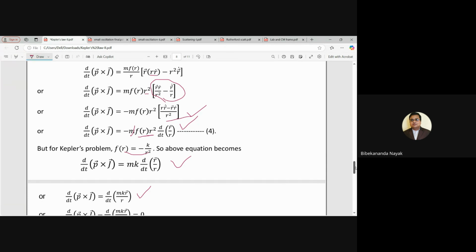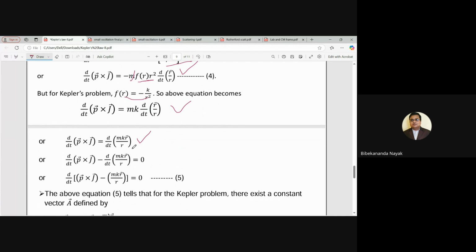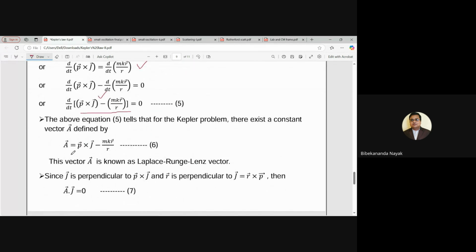So I found that the derivative of p cross J is equal to the derivative of m k r by r. Taking one side and taking the derivative as common, the derivative of (p cross J minus m k r by r) is 0, which means this bracketed term is a constant. And this bracketed term is known as the Laplace-Runge-Lenz vector, which is denoted by A.